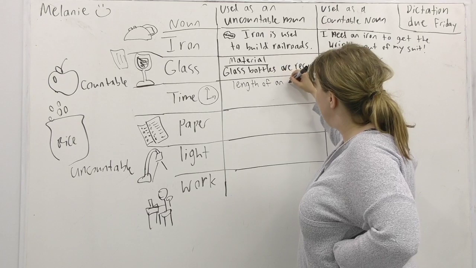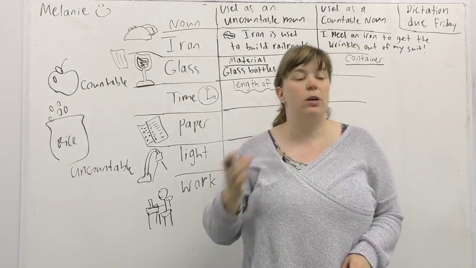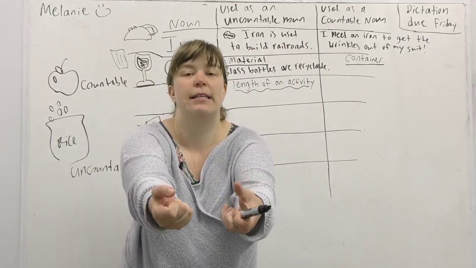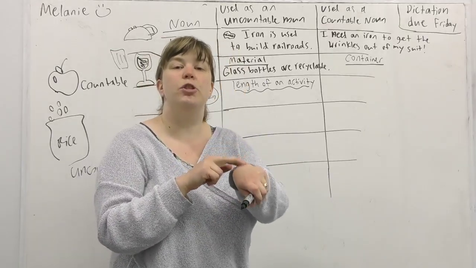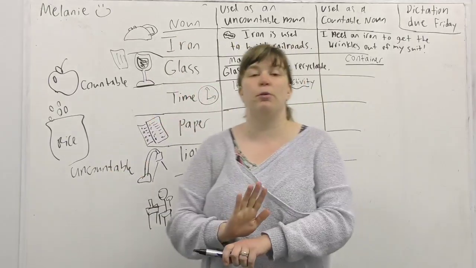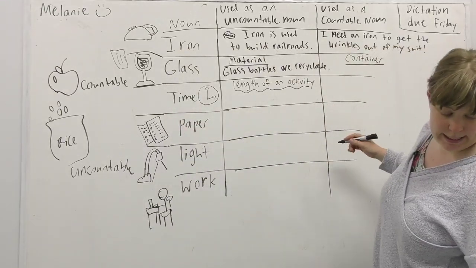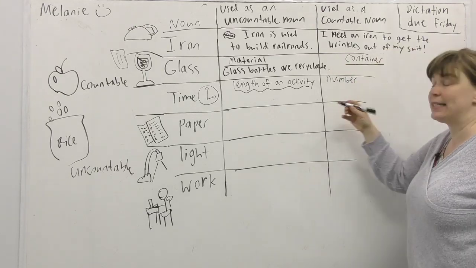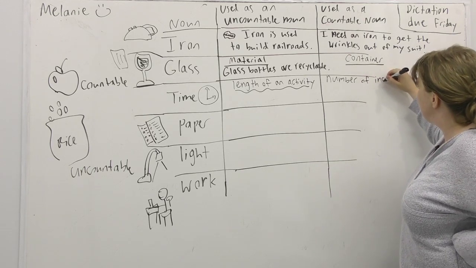Length of an activity. So let's say, for example, I give you guys an assignment. Here you are. Okay, guys, how much time do you need to finish your assignment? This is uncountable, okay? Now, this is different. We can count time when we're talking about number of instances.